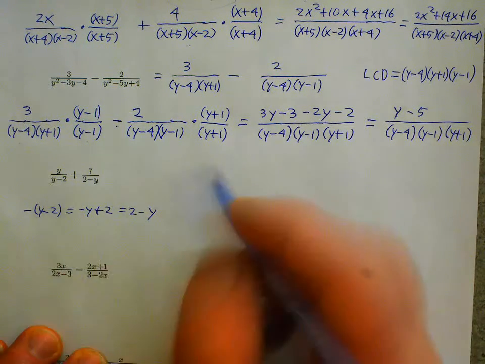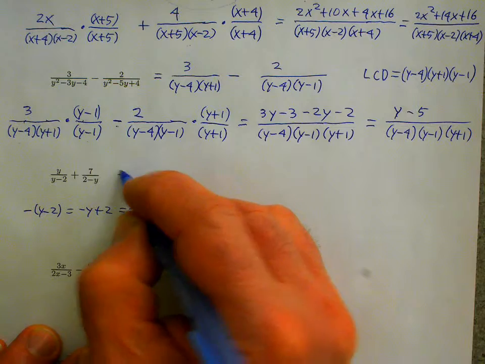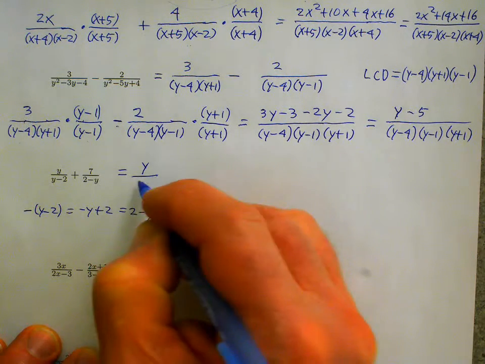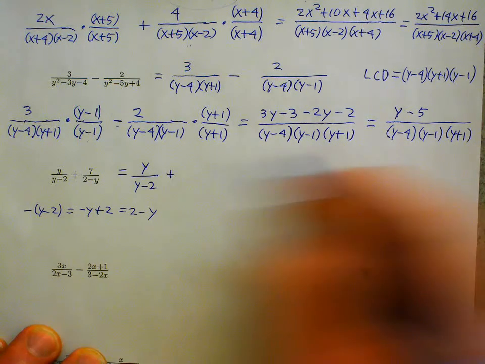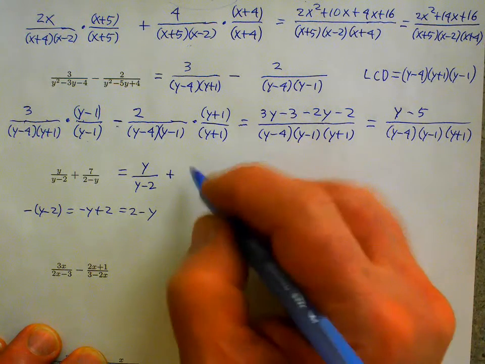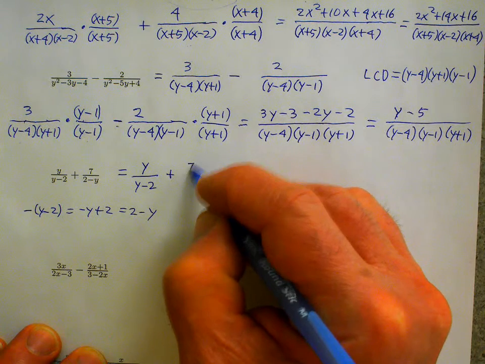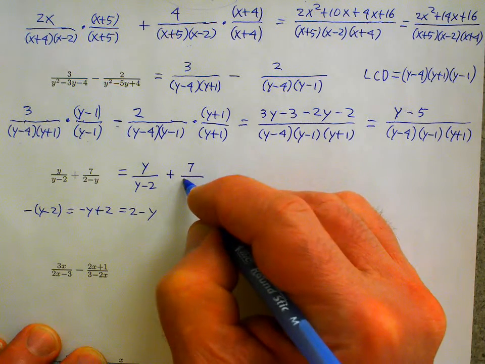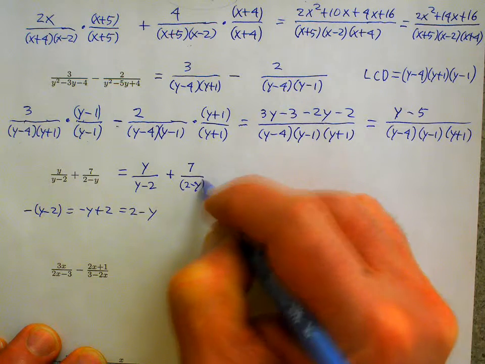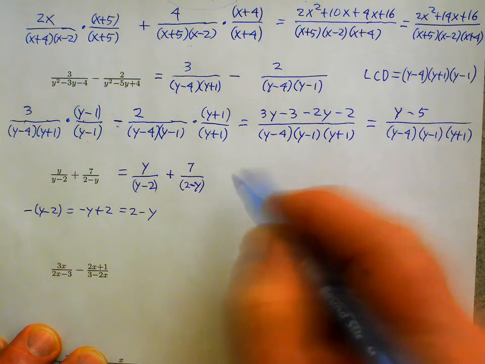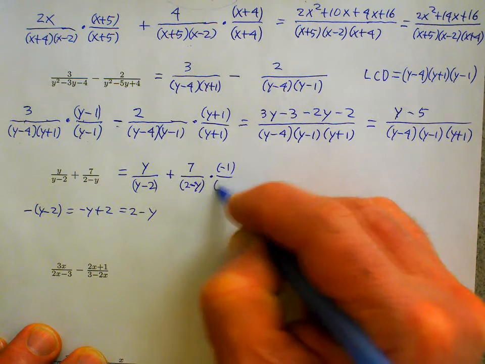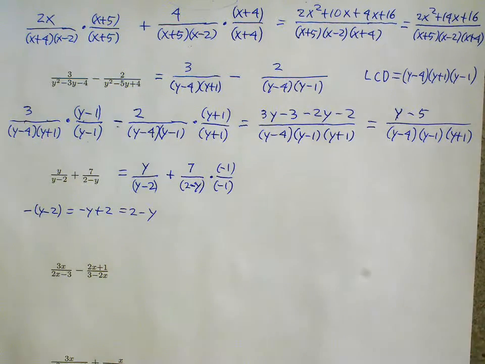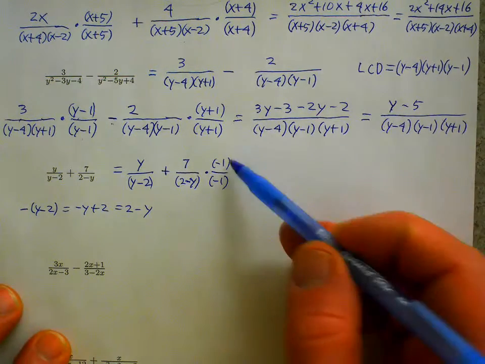So what we can do, well, we have a couple of options, but one option is to multiply 7 over 2 minus y by 1 in the form negative 1 divided by negative 1. This is just one way to do it. So negative 1 divided by negative 1 is just 1.